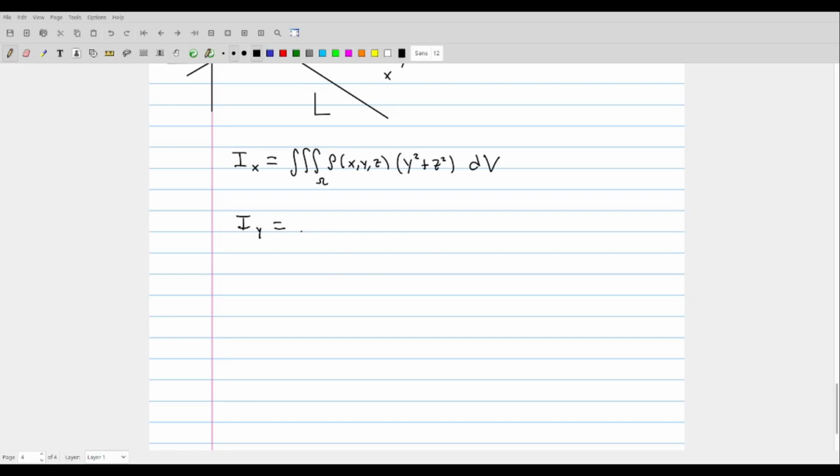the moment of inertia about the y-axis will be the triple integral over omega of the density function times the squared distance to the y-axis, which is x squared plus z squared.